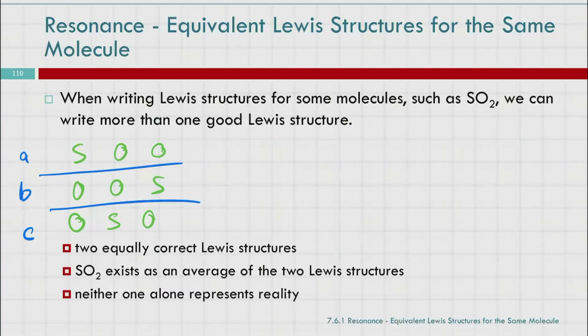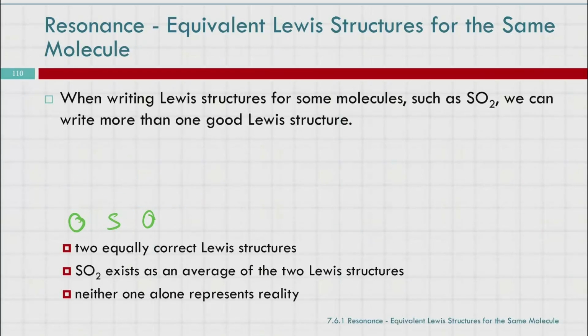Which skeletal structure do we think we're going to pick? I heard somebody guess C. Why C? Yeah, it's symmetrical. So we're going to be using OSO here because it's symmetrical. So get rid of the rest of this stuff. So this will be our Lewis skeletal structure.